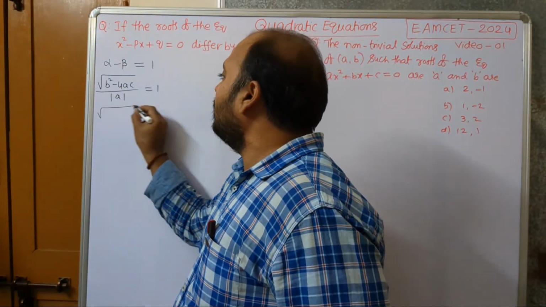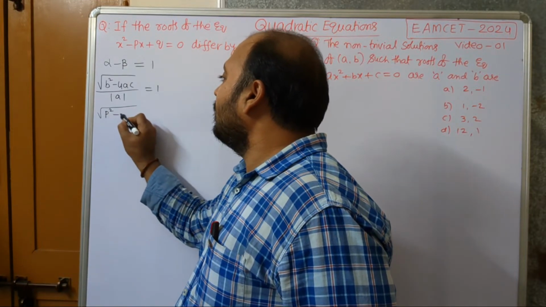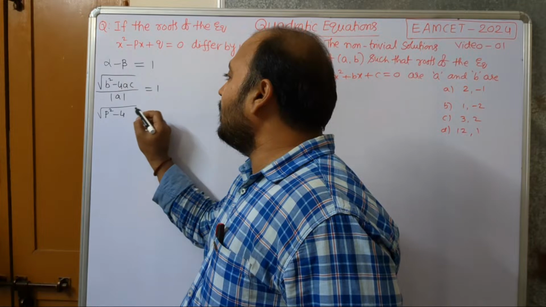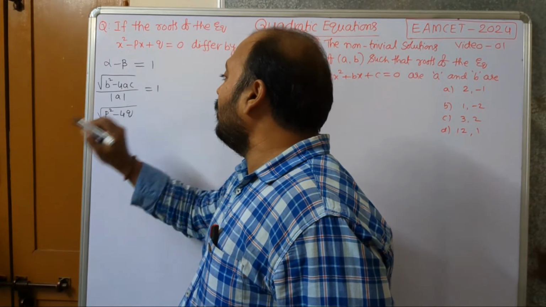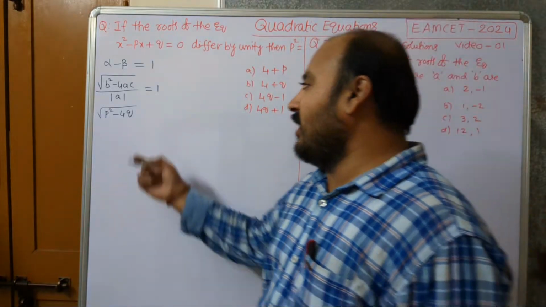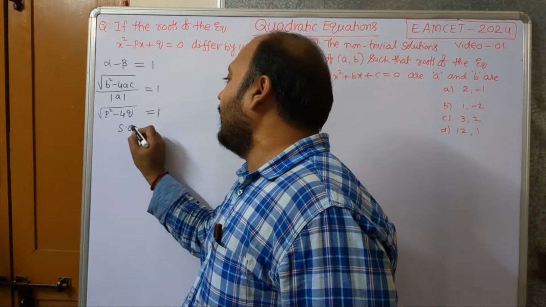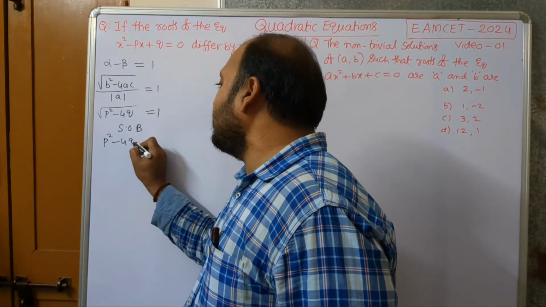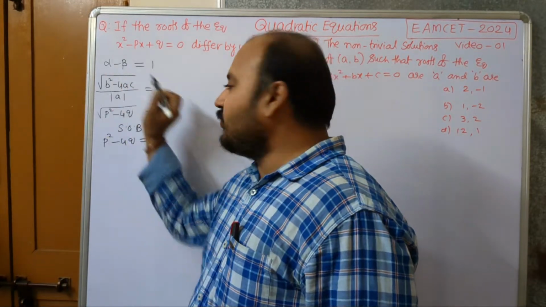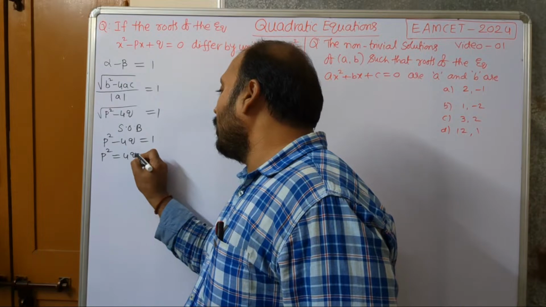So p square minus 4q under root, mod a is also 1, equal to 1. Squaring on both sides, p square minus 4q is equal to 1, bring minus 4q to this side. So p square equal to 4q plus 1.